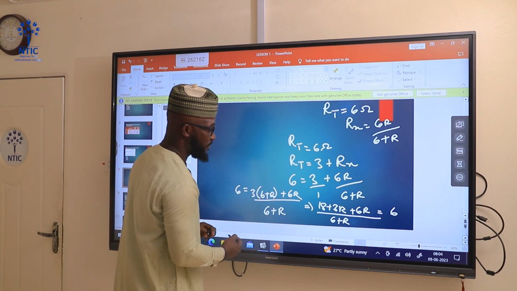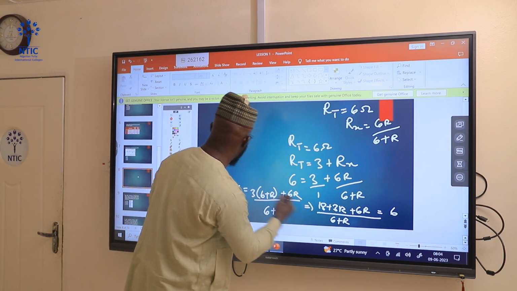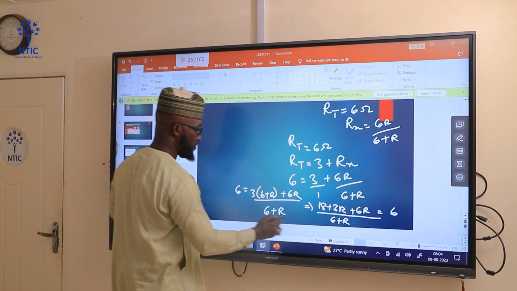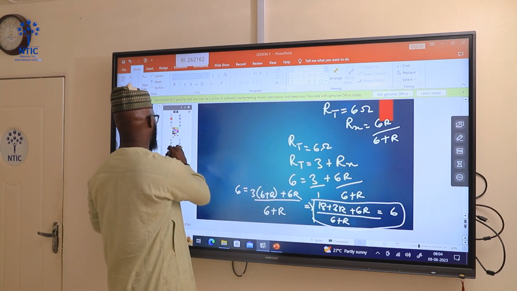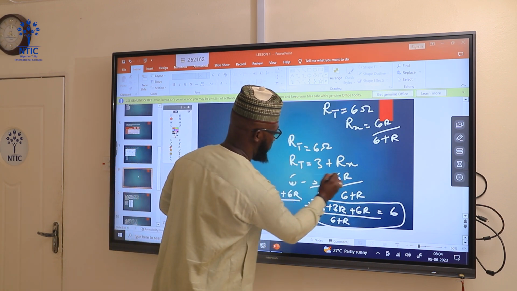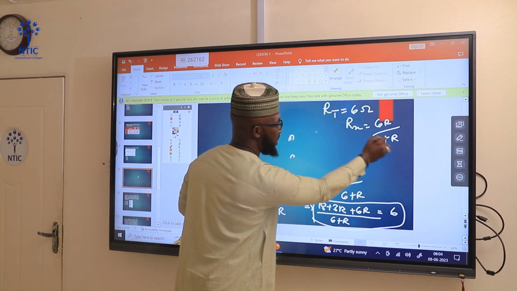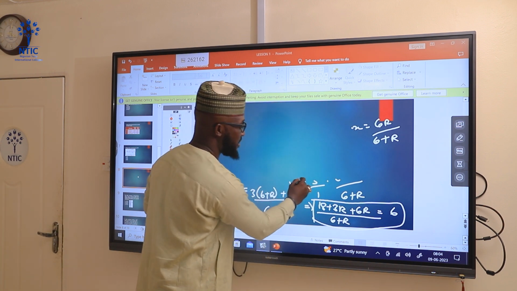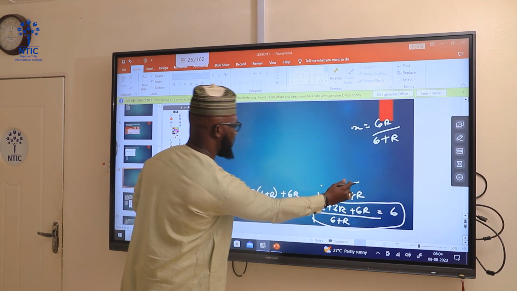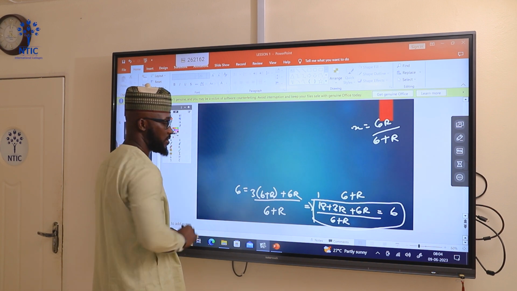Okay, so from here, we are simply concerned with this value, this value, this value. So for that reason, I can conveniently erase everything else in order to get space. Okay. So therefore, let's continue.